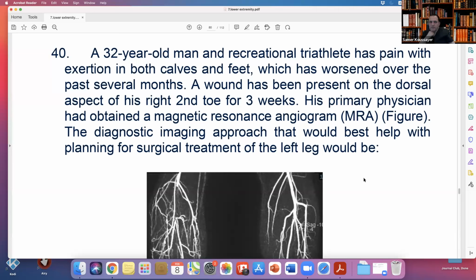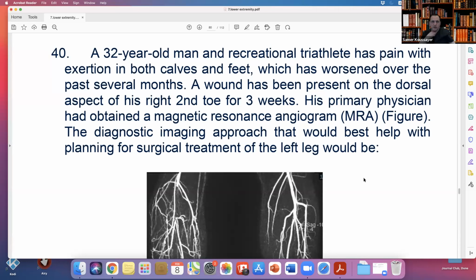A wound has been present on the dorsal aspect of his right second toe for 3 weeks. His primary physician had obtained a magnetic resonance angiogram. The diagnostic imaging approach that would best help with planning for surgical treatment of the left leg would be.